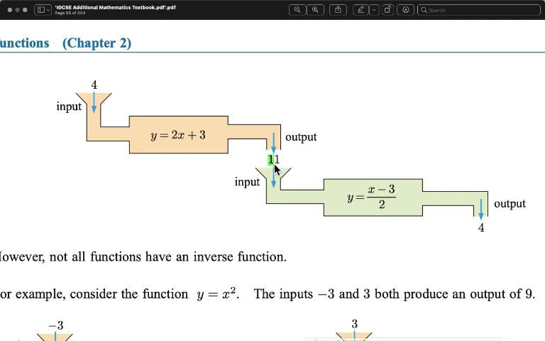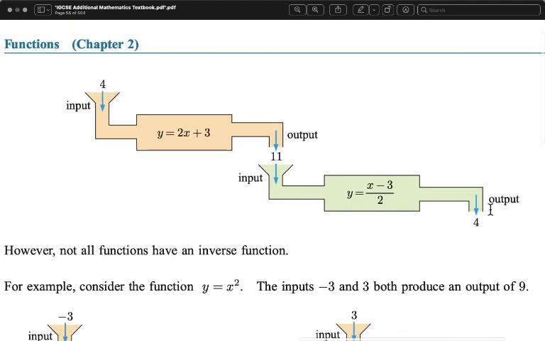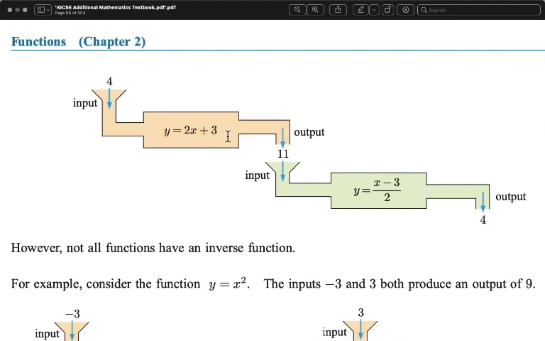So the output of the original function y equals 2x plus 3 is now the input of the inverse function. The inverse function is y equals (x minus 3) divided by 2. When the input is 11, 11 minus 3 is 8, 8 divided by 2 is 4. 4 is the output, and is also the input of the original equation.